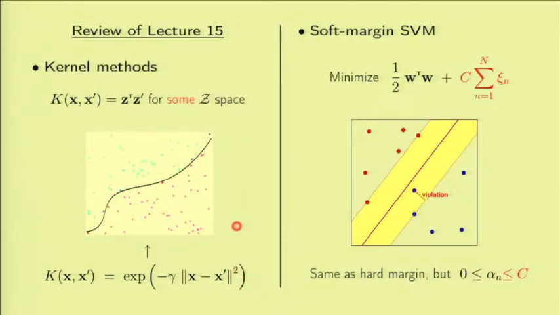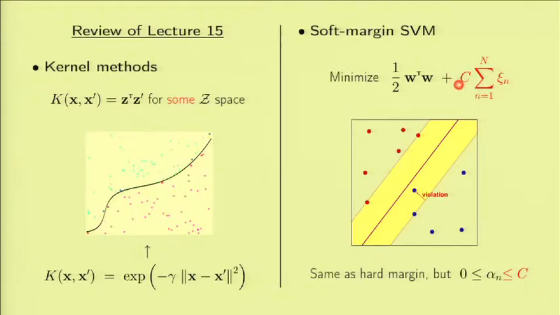So with this, we went into another way to generalize SVM, not by having a nonlinear transform in this case, but by having an allowance for errors. Errors in this case would be violations of the margin. The margin is the currency we use in SVM. And we added a term to the objective function that allows us to violate the margin for different points according to the variable xi. And we have a total violation, which is this summation.